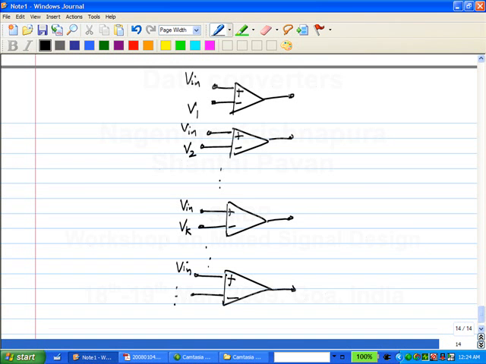Alright. So one straightforward way of doing this, to figure out which bin the input lies in, is to compare the input simultaneously with all these thresholds, right?